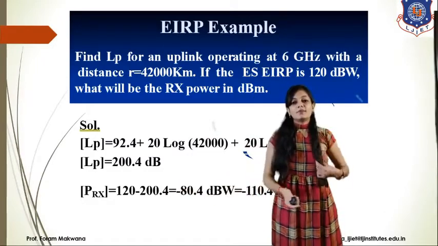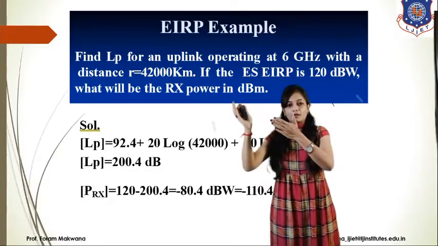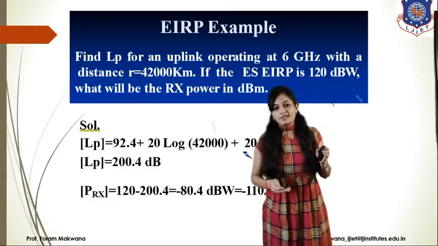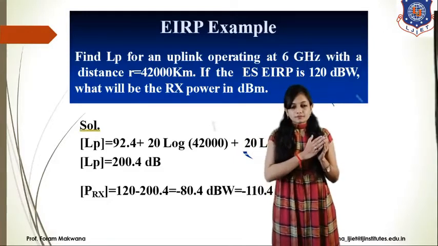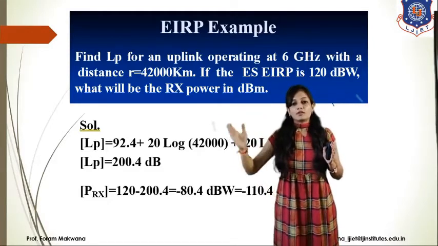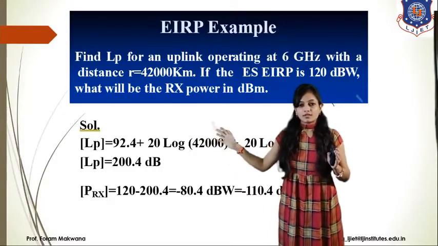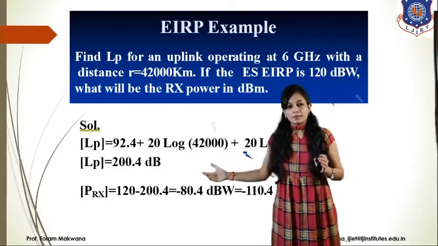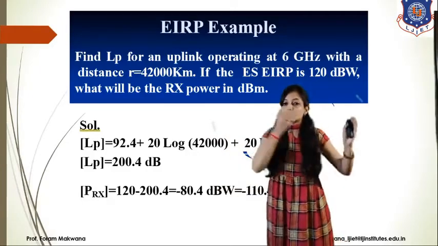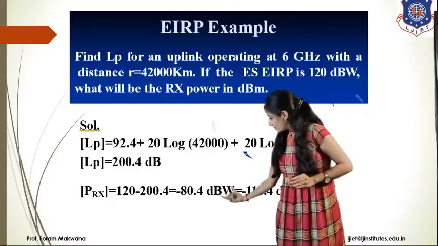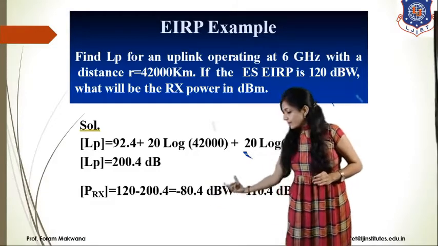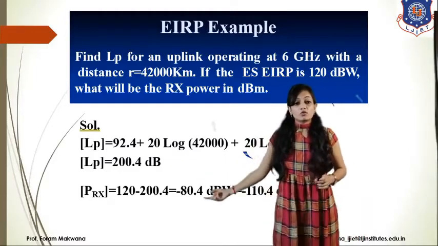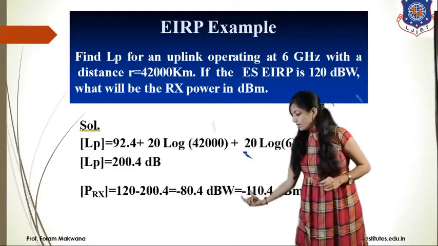EIRP is my actual transmitted power, and when my signal is transmitted through free space, or through the atmosphere, loss is introduced. That loss, which we have already calculated, we need to subtract from my actual transmitted power. So 120 minus 200.4, which is my path loss. The quantity is minus 80.4 dBW.